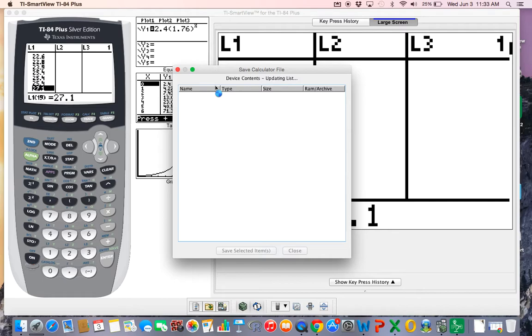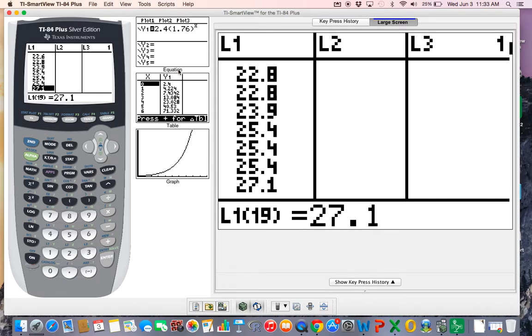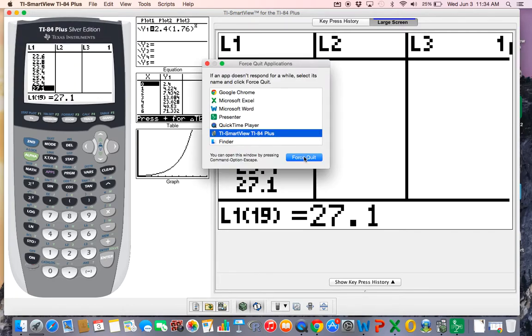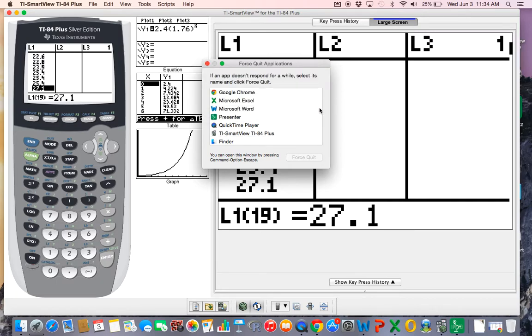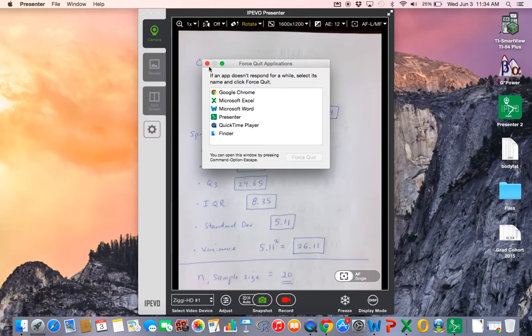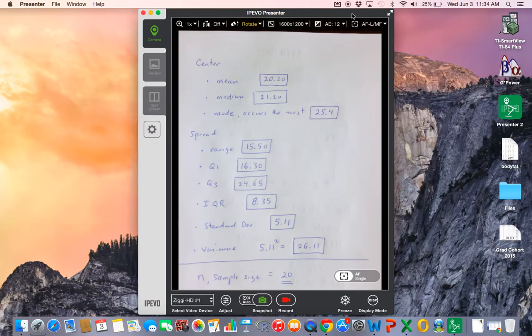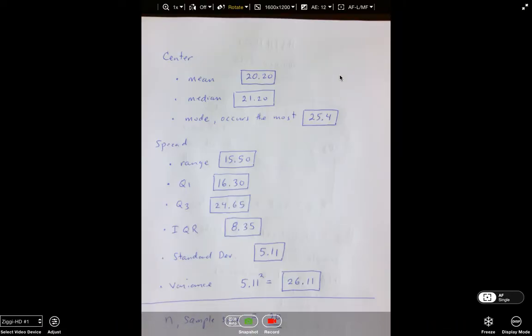I really don't want to type this stuff in again, but I also don't want to crash my computer. All right, it looks like I'm just going to have to do a force quit on this calculator. It doesn't look like it's wanting to respond. Well, I'll have to go back in and type the data back in, but let's do that in just a second.